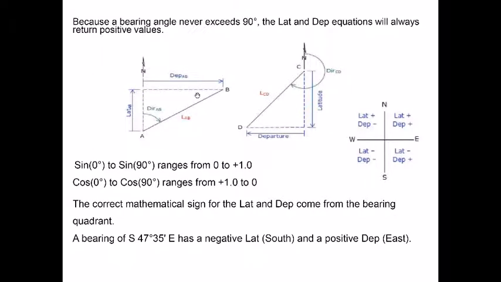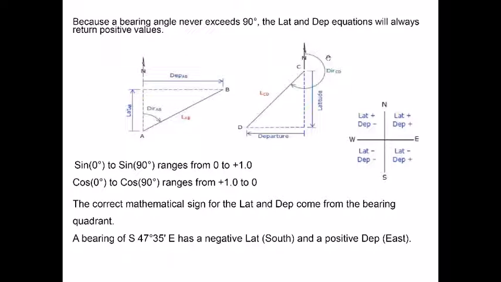First, we see the line AB, and from the north, this is the azimuth, and whatever it is, you replace in the equation, and it will give you the values of latitude and departure. So since this lies in northeast, both will be positive. Now for the second case, CD, it lies in southwest. So that means in our case, both will be negative.